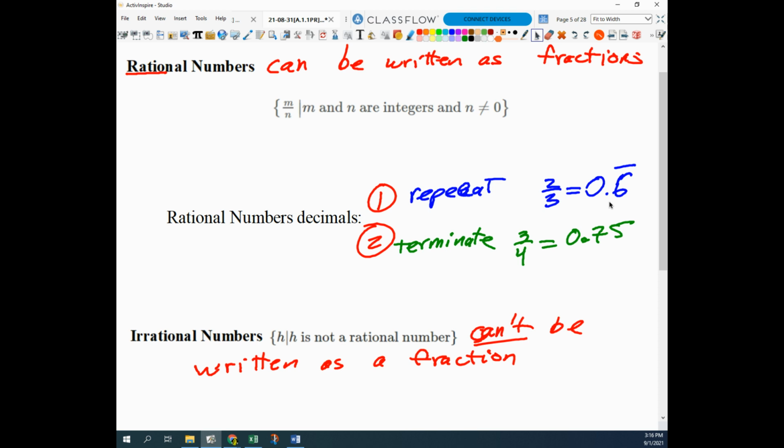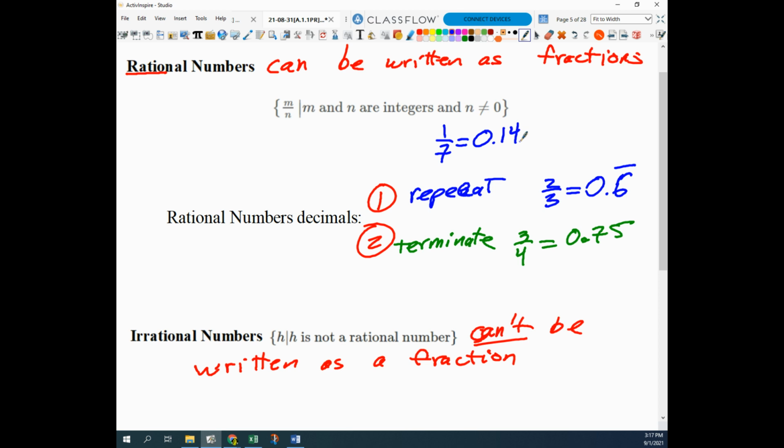Like if I were, let's do one other example of this. Like if I were going to do something like, for example, what if I did something like 1/7? One-seventh is 0.14. Oh, what is this?